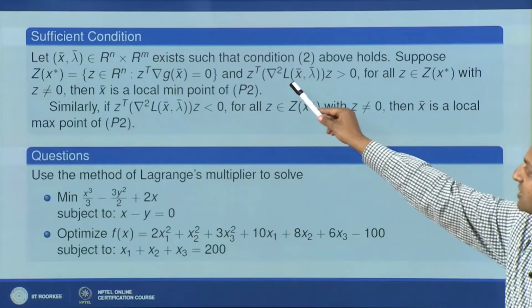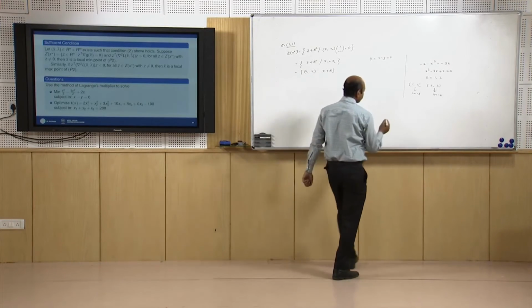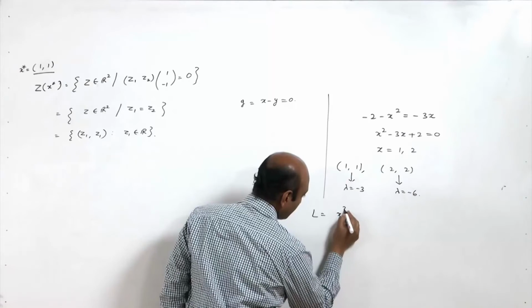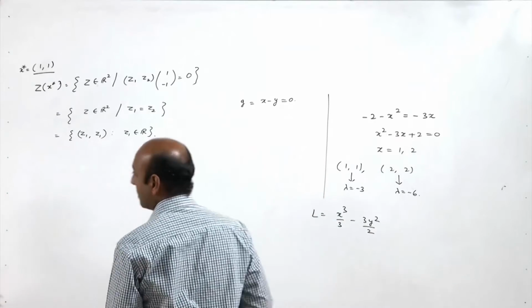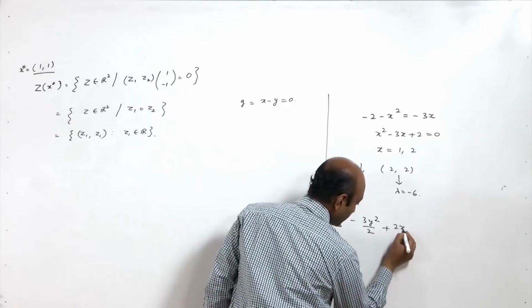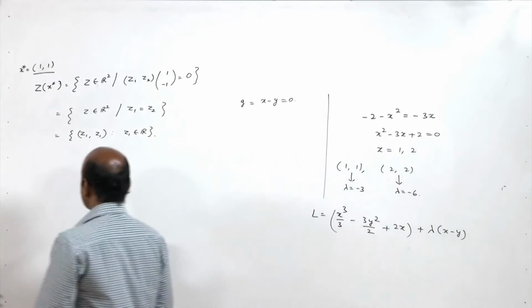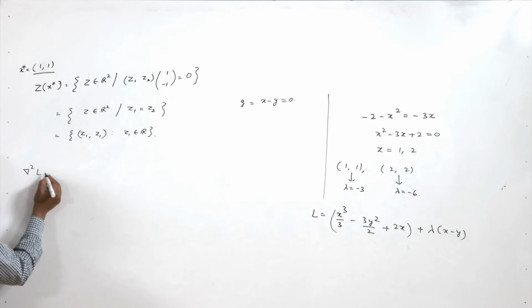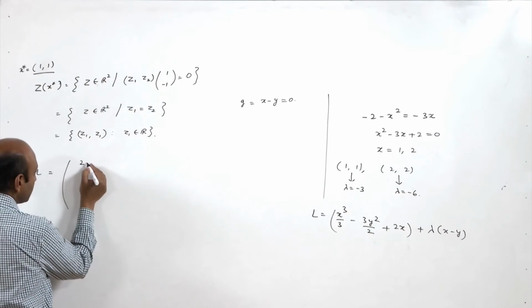So let us see. We first find the Hessian matrix of L. And what is L for this problem? We again have to write the L for this problem. L will be x cube by 3 minus 3y square by 2, plus 2x, plus lambda times x minus y. So what is gradient square of L? We first differentiate with respect to x twice, that is 2x.